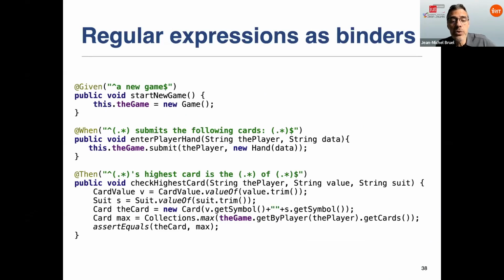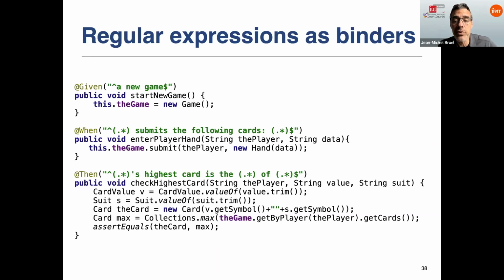You can even use a regular expression. So, for example, this means that you are going to map all the sentences that have "submits the following cards" with only one correspondence description.